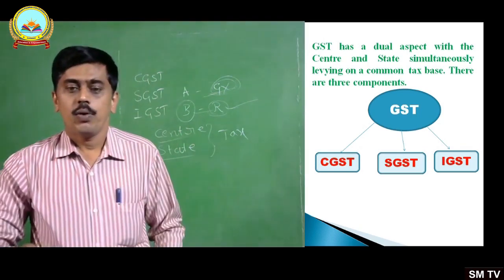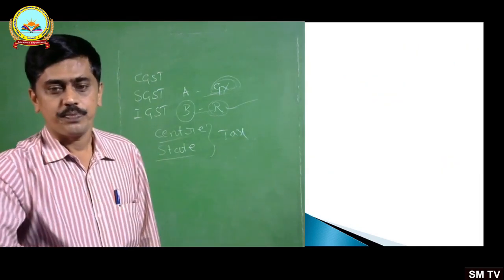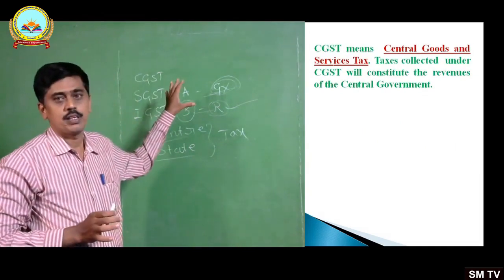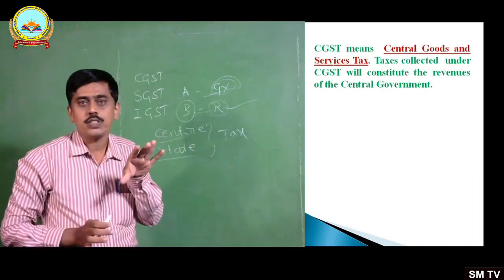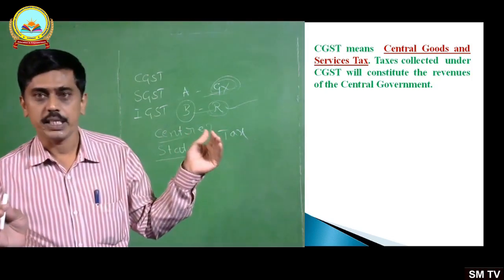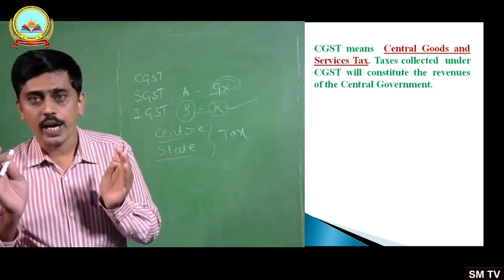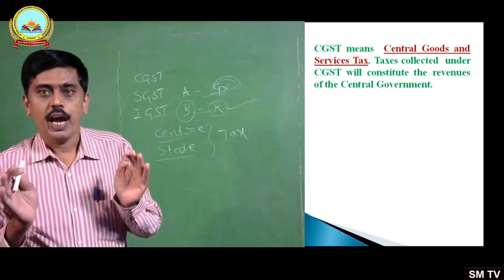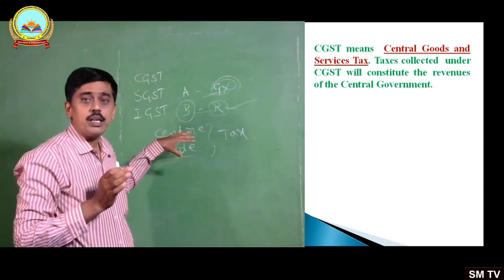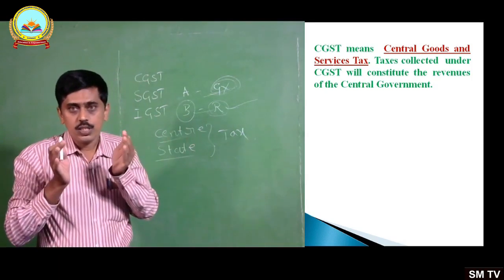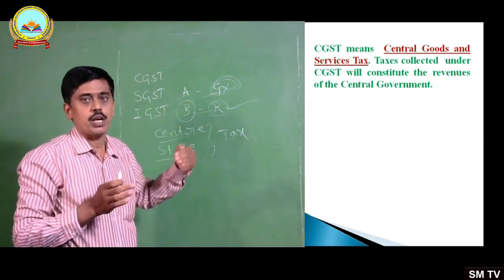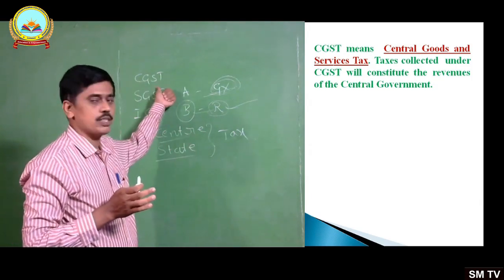And what is this CGST? CGST means Central Goods and Services Tax. These taxes are collected by the center, or CGST collected will constitute the revenues of the central government.